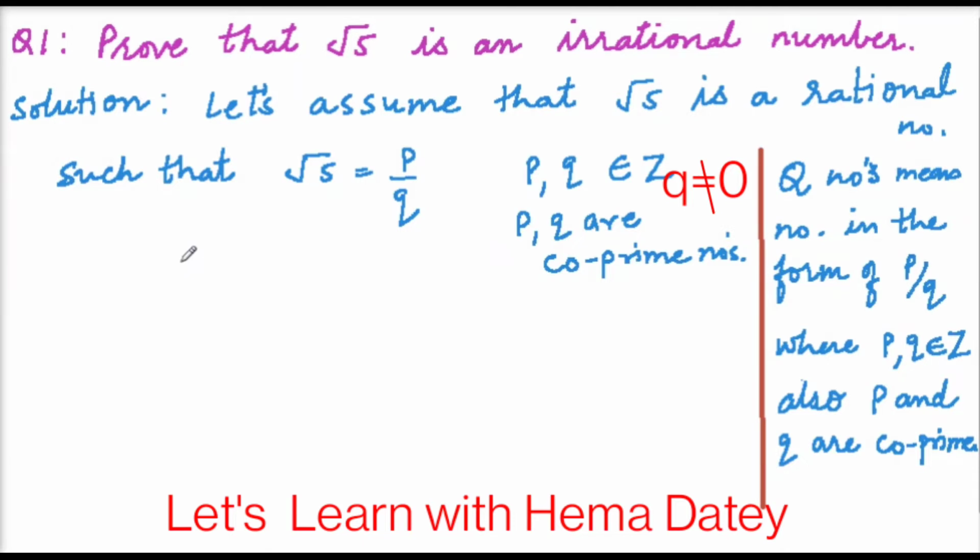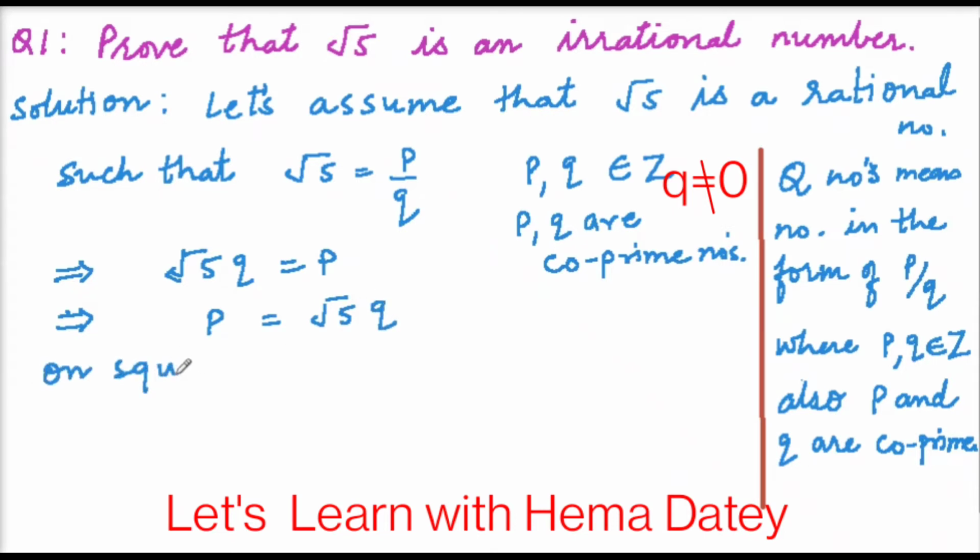Root 5 equals p by q can be written as root 5 q equals p. It can also be written as p equals square root of 5 multiplied by q. Now we will square both the sides.